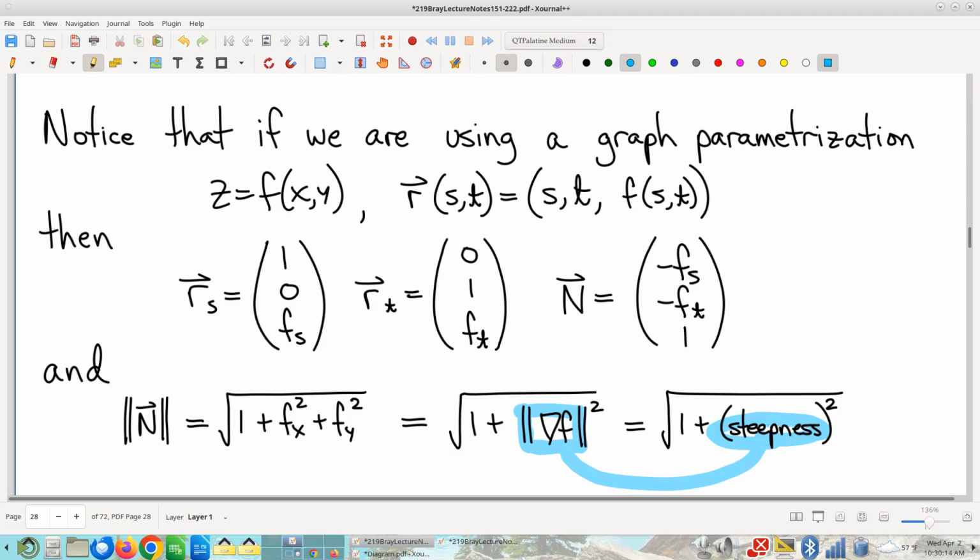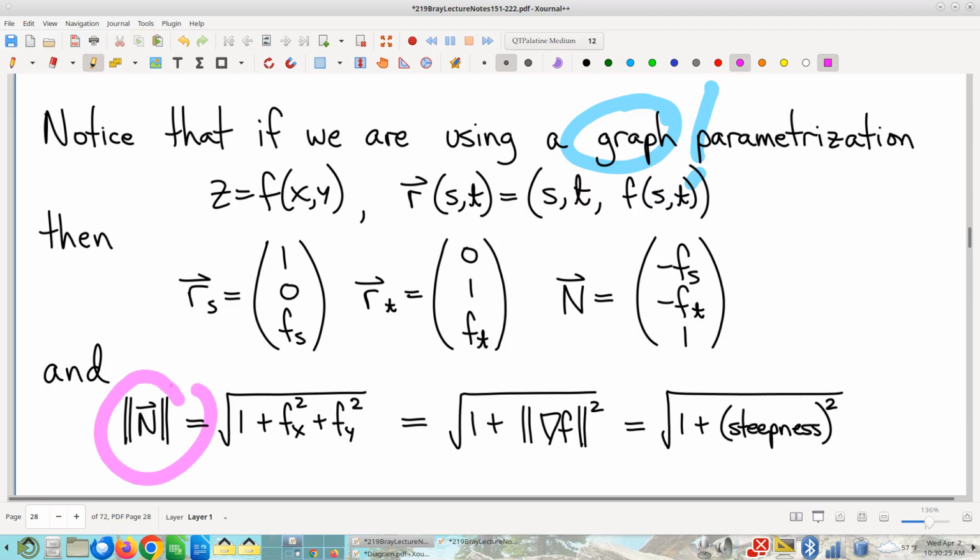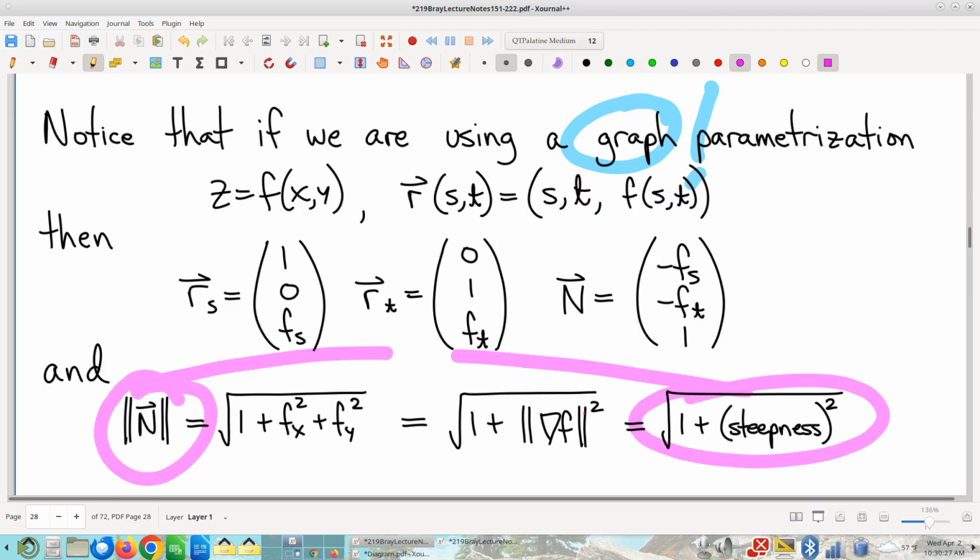That's what the magnitude of the gradient tells us. So, beautiful little fact, not only in this, and again, emphasize, in this special case, not only is the stretching factor a pat formula, but it's very naturally connected to something that's geometrically obvious. Right? I mean, how steep a surface is, that's a very geometrically natural thing.